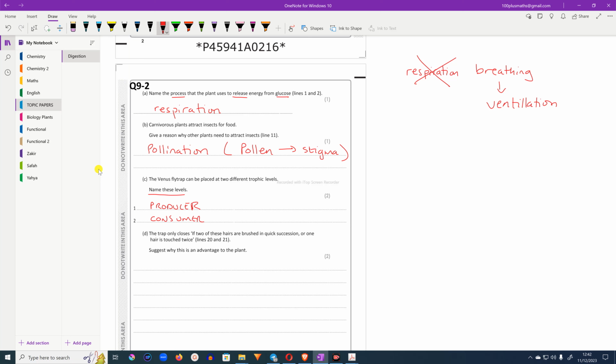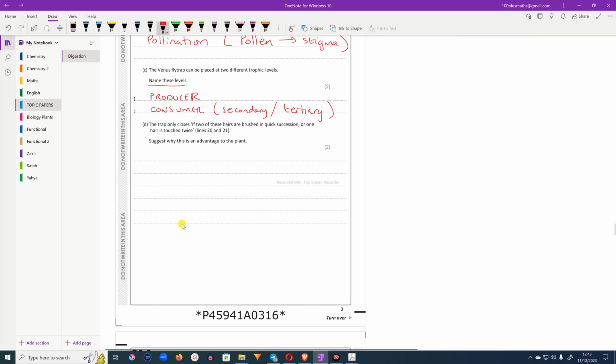Right, so they don't want you just to write the word consumer. So it's a secondary consumer or even a tertiary. Tertiary. Let me get the spelling right. Why is it not deleting? Let's try that again. Tertiary. Secondary or tertiary consumer.